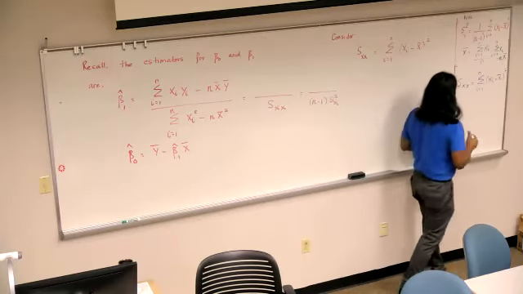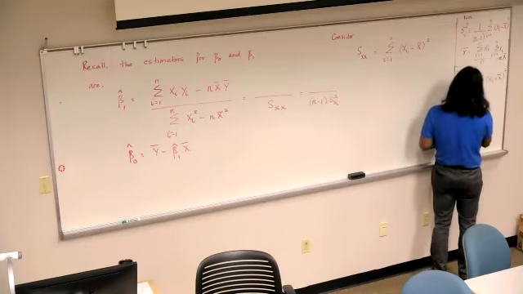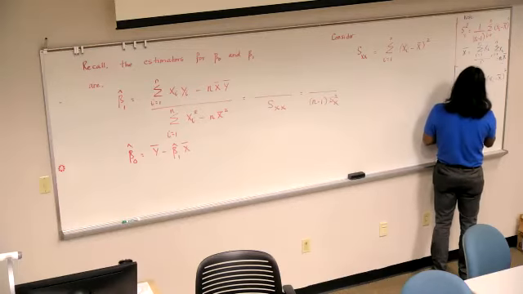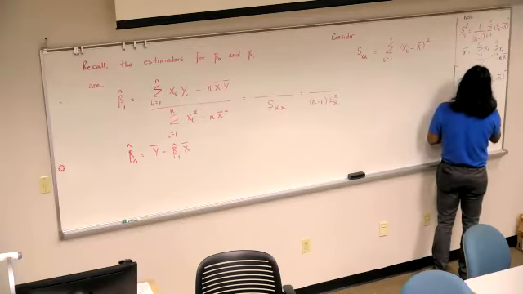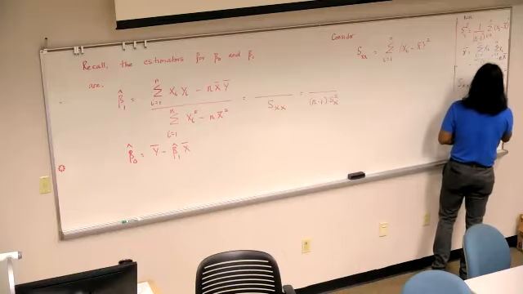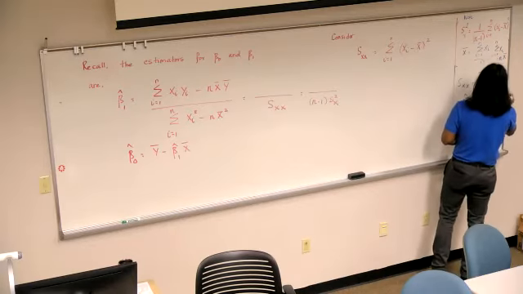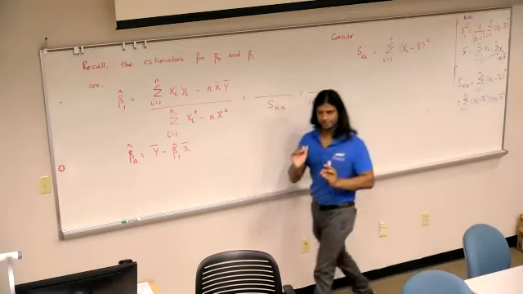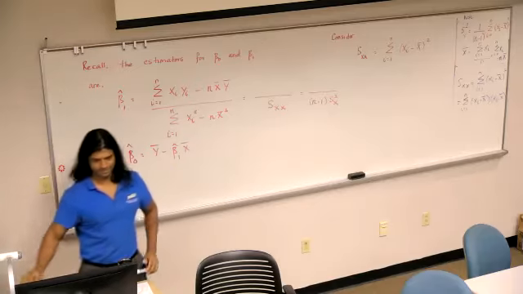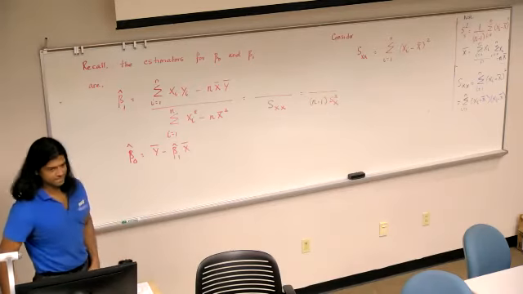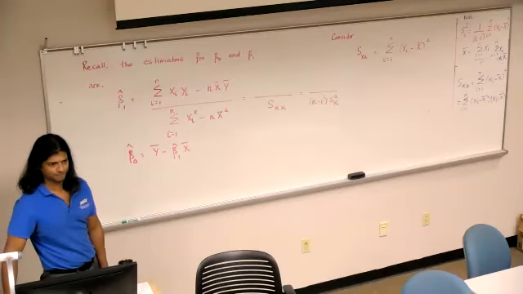When we started the derivation, I rewrote this as the sum from 1 to n of (xi minus x bar)(xi minus x bar). Good so far. We did that already. That's where I started. Good. With me?